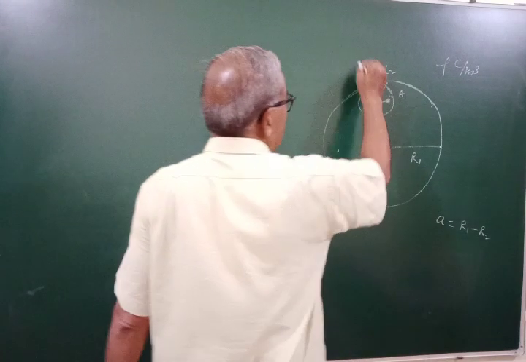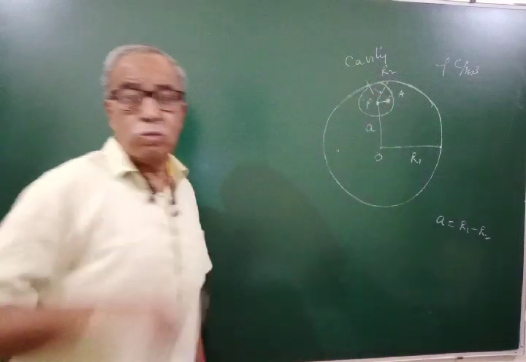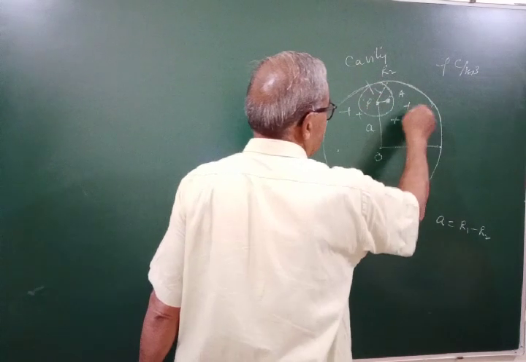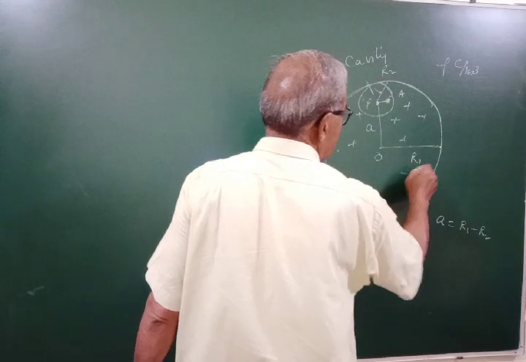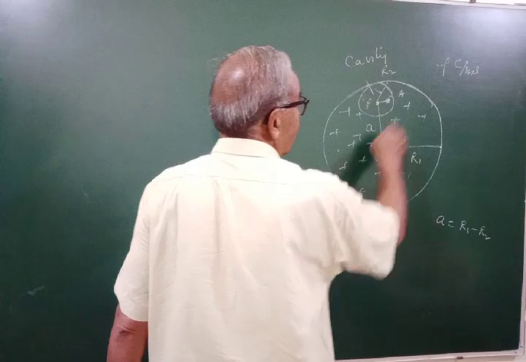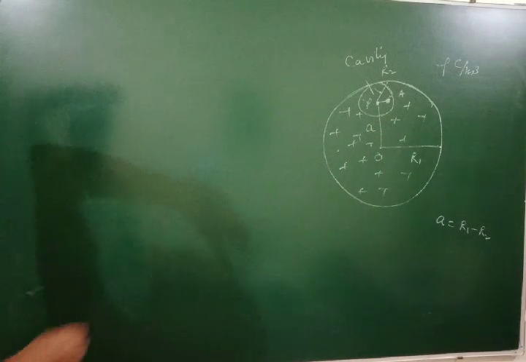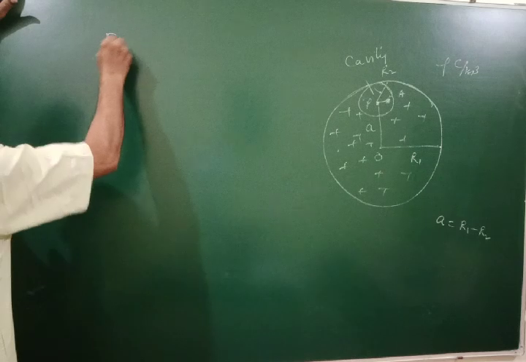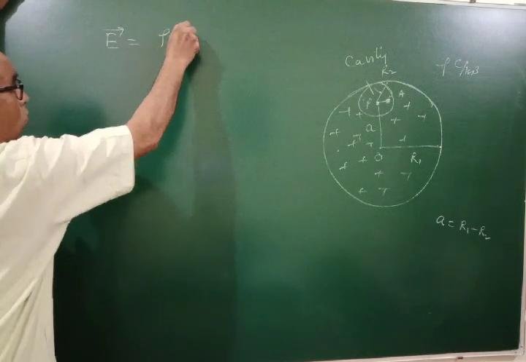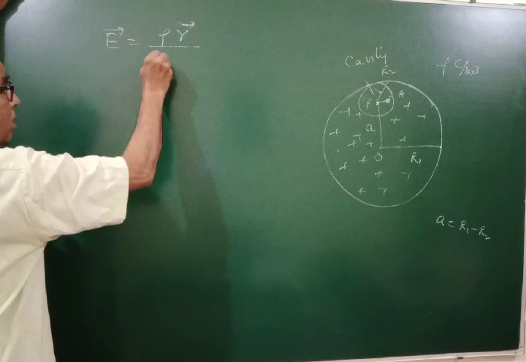This is the cavity here, which means the charge has been taken out. It has a uniform distribution of charge, suppose positive charge, whose charge density is rho coulomb per meter cube. We know the electric field at any point inside is vector E equal to rho into vector R upon 3 epsilon 0.